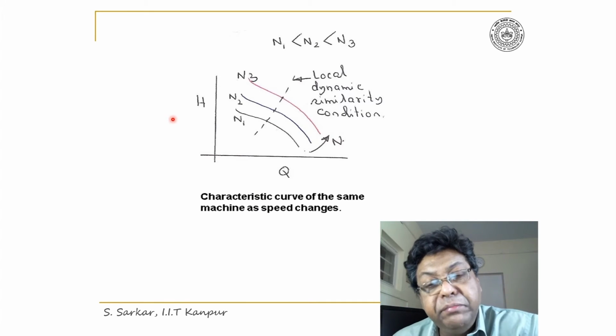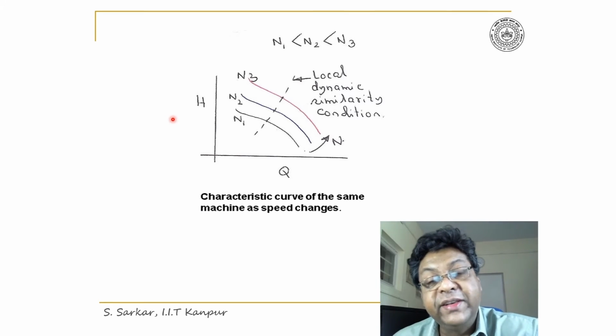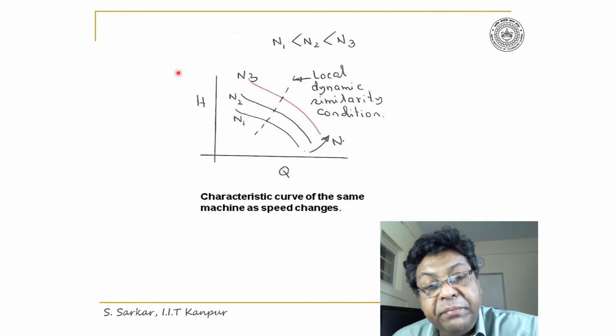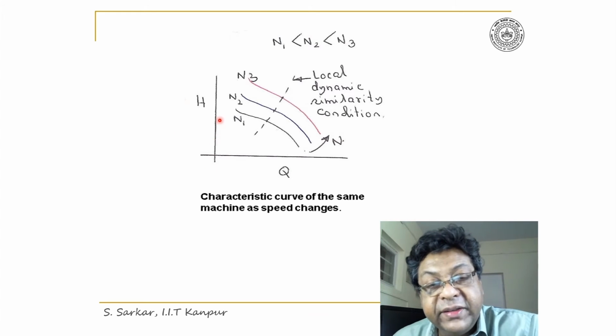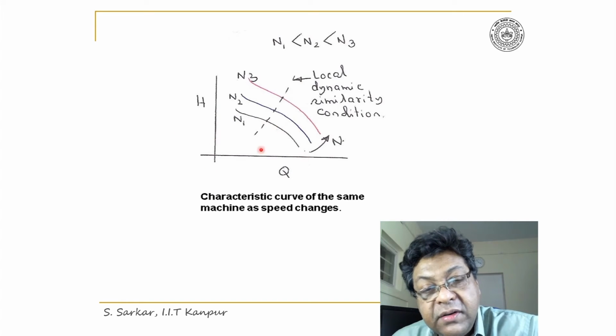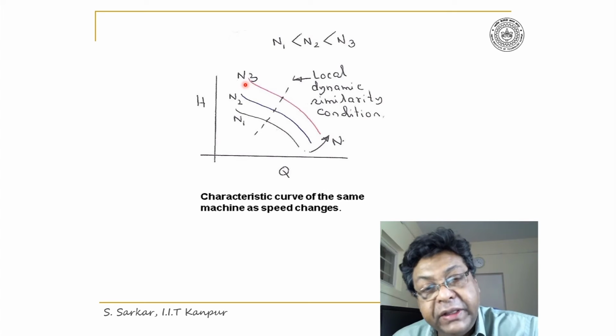Now, if for the same machine the speed has changed, how the characteristics will change, that I have represented here. Now, you see, this is the characteristics for the speed of the machine at N1 RPM, the next one N2 RPM, and then that is further higher RPM at N3.